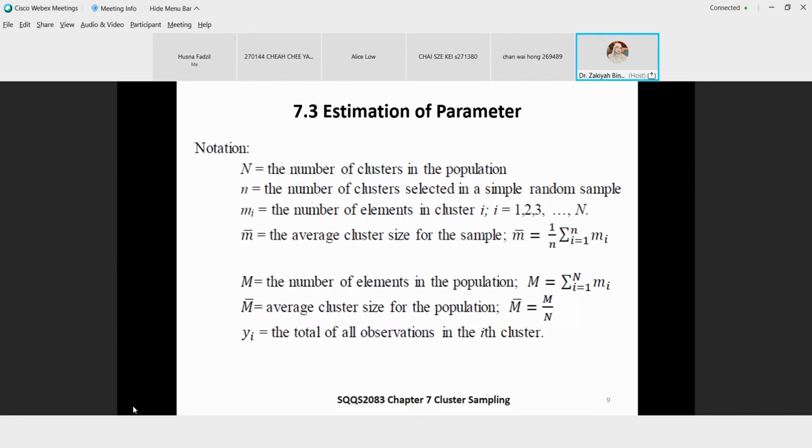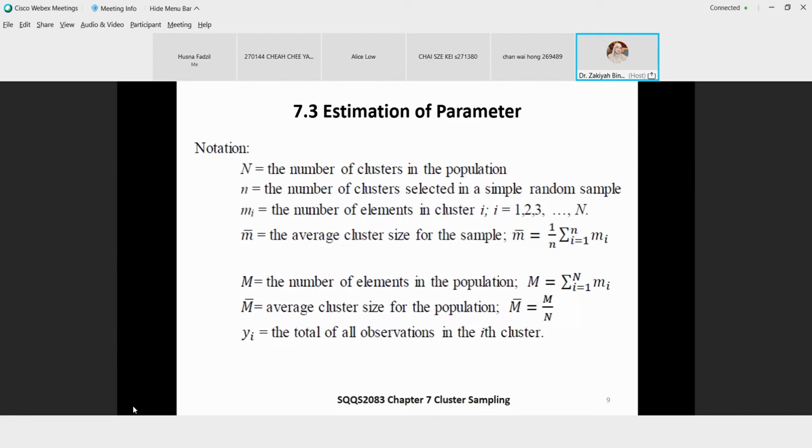So the number of elements in each and every cluster, of course, going from 1 until the big N. Now, M bar is the average cluster size for the sample, and this is given by the summation of all the M_i divided by small n, the number of sample clusters. Big M will be the number of elements in the population. So that is the notation there.